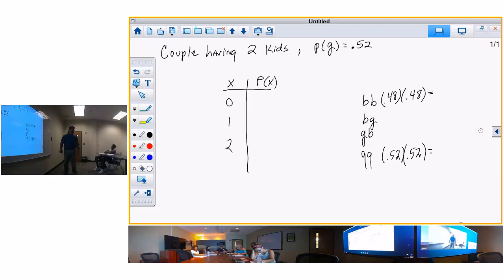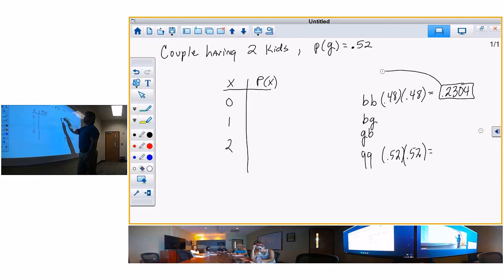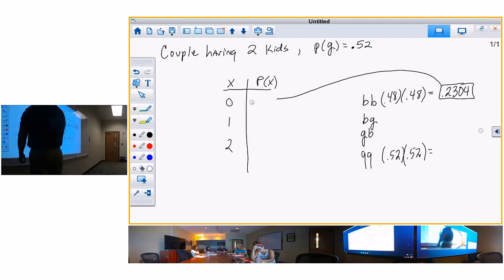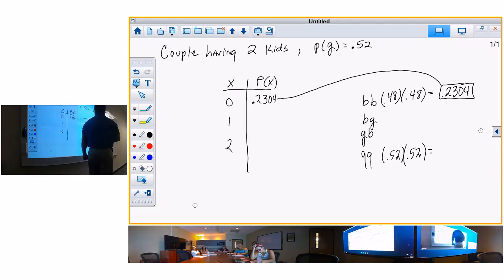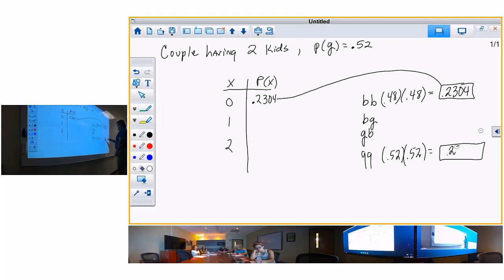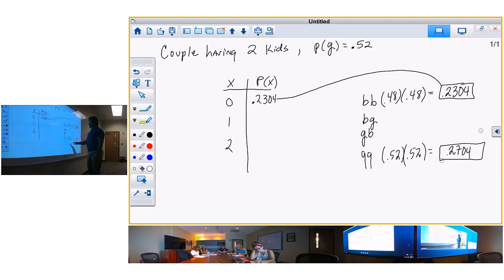What's 0.48 times 0.48? 0.2304. And where does that go? 0.2304. And what's 0.52 times 0.52? 0.2704.